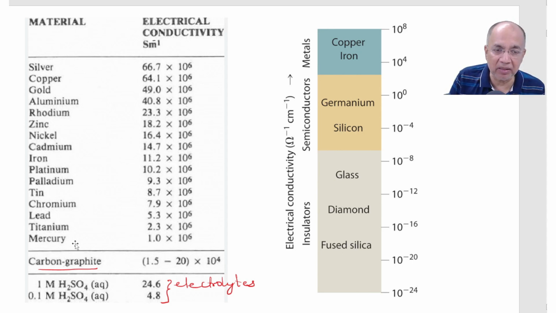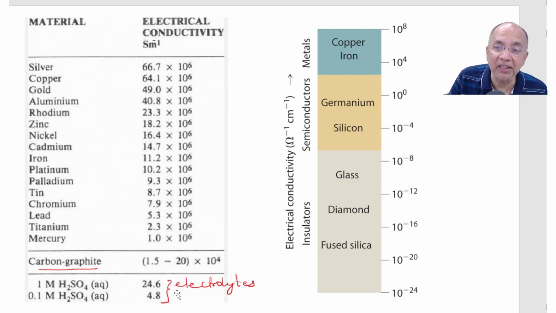These are different metals. The highest conductivity is for silver, the lowest is for mercury, and carbon, that is graphite, is 100 times less. Electrolytes have very, very low conductivity. Of course they are conductors, but their range is within 10 or within 100.